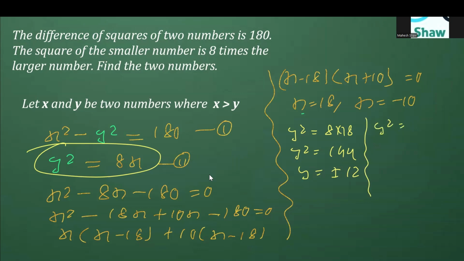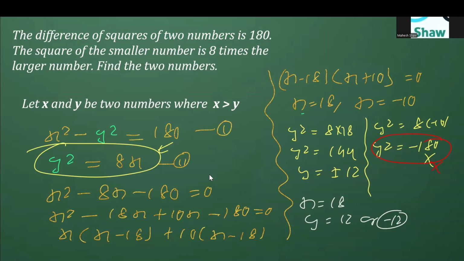And now check here. If I take x as minus 10, y square is 8 times minus 10, so y square comes out to be minus 80. Not possible, right? The square of a number cannot be negative. So we'll discard this value. Now x is equal to 18, and y can be 12 or minus 12.